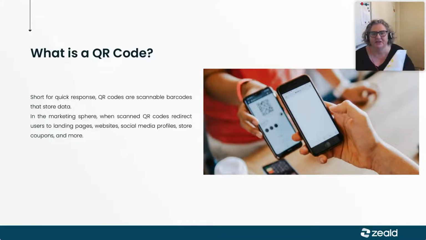So basically QR is short for quick response. QR codes are scannable barcodes that store data. So, you know, the old traditional barcode on a product, it's really just using similar technology to that, but this time it is a square. And it uses that to store data and basically deliver or do something.